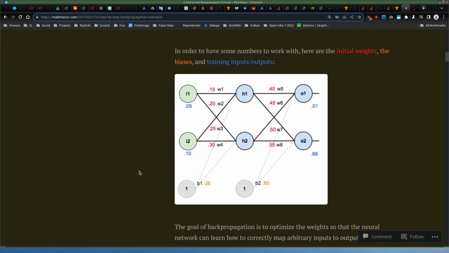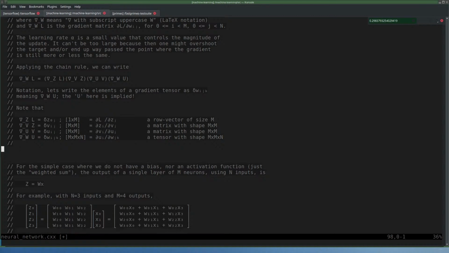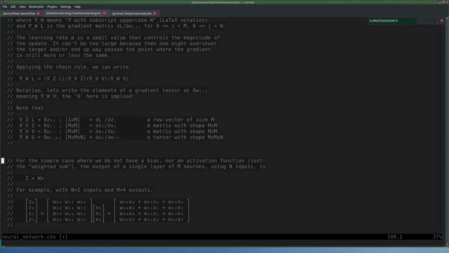Yeah, so get the bias, but we do as if we have three inputs. And then we make an example. Let's keep it like that.